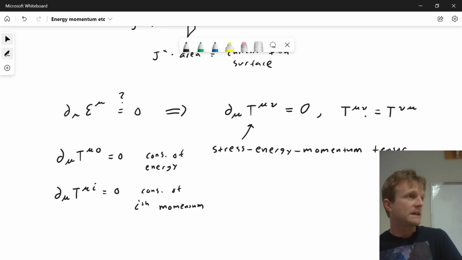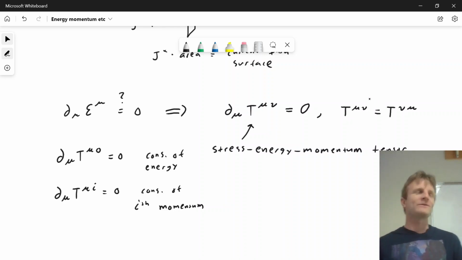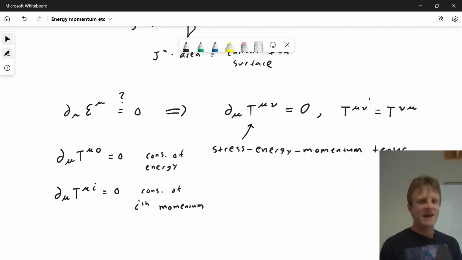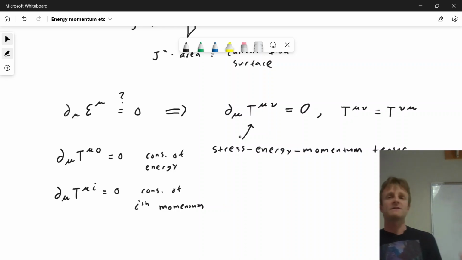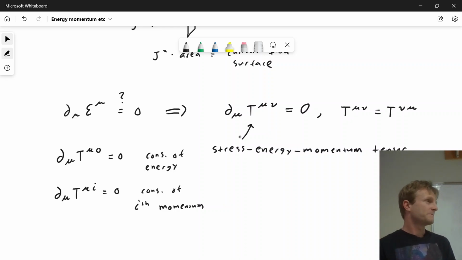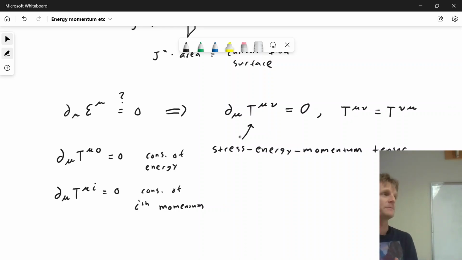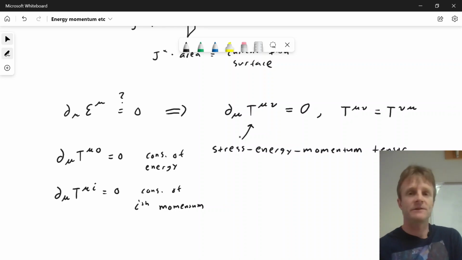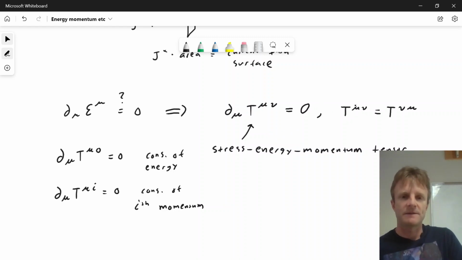When we include gravity, we're going to find, in fact, that Einstein's equation requires it to be symmetric. And so if you argue with me about whether it's symmetric or not, ultimately I'm going to say, well, just wait. We're going to use this to motivate Einstein's equation. But Einstein's equation is correct. It's a correct theory of nature at the scales we can measure. And so fundamentally, it's gravity that tells you what stress energy is. That's how you fundamentally measure what energy, momentum, stress, and all those things are of an object. It's how it couples to the gravitational field. So that's what I'll fall back to if you have objections to these claims.